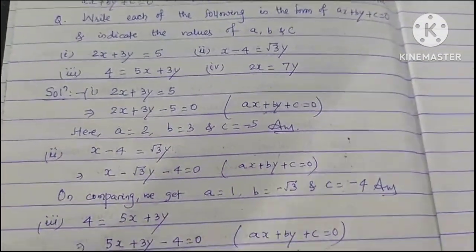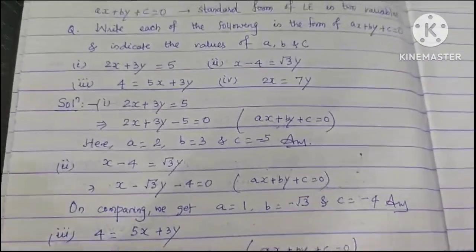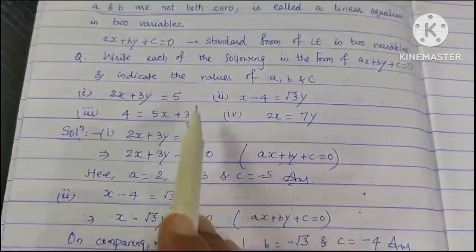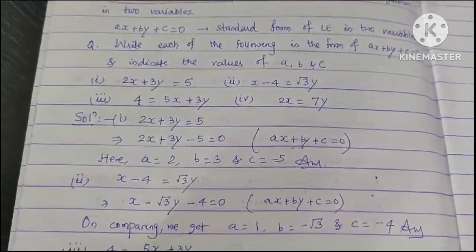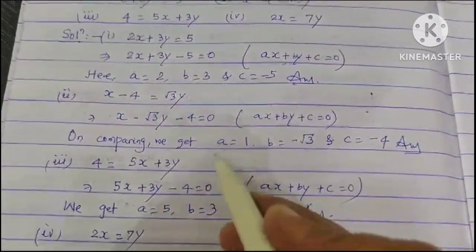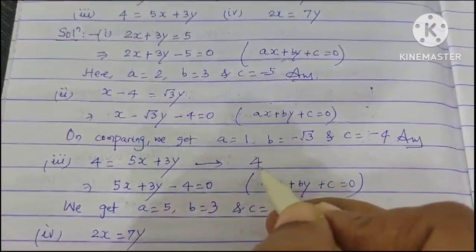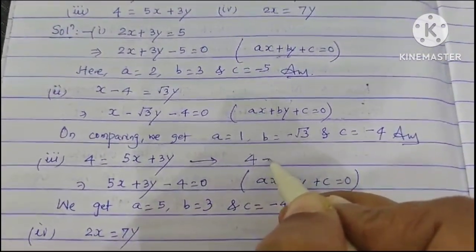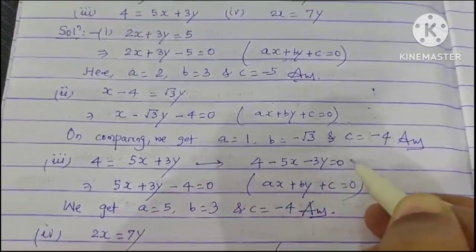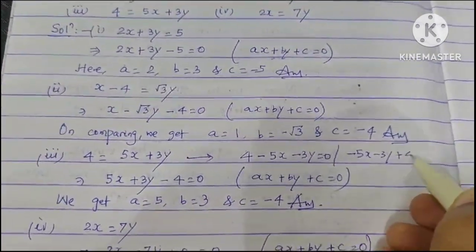So this is the way to solve it: bring everything to standard form and find a, b and c. In question number 3, you can also write this equation as 4 minus 5x minus 3y equal to 0, or minus 5x minus 3y plus 4 is equal to 0.